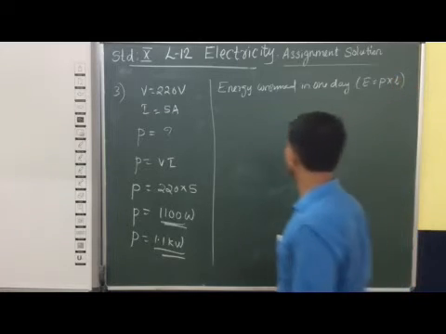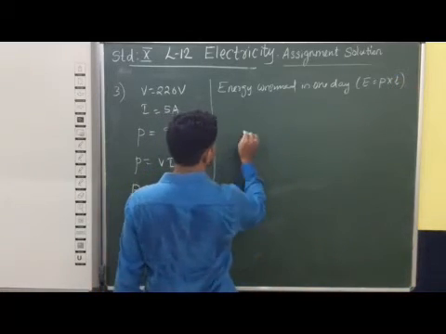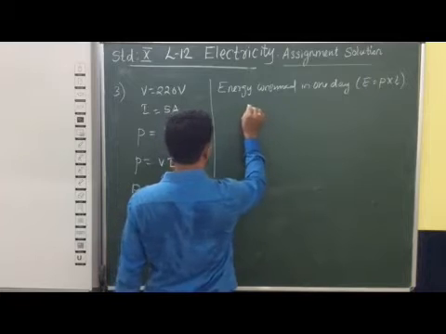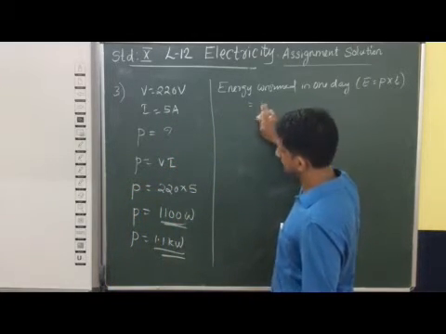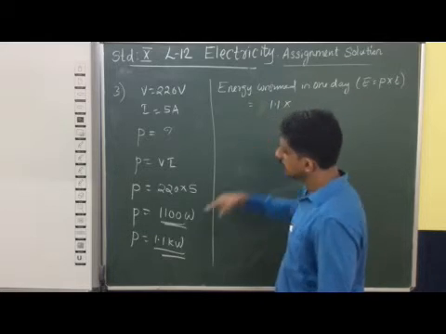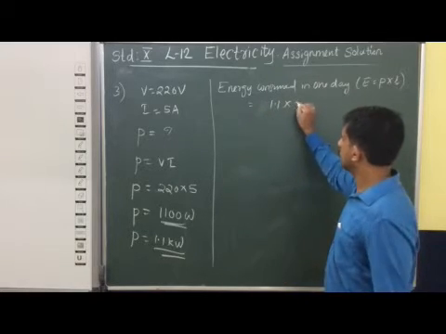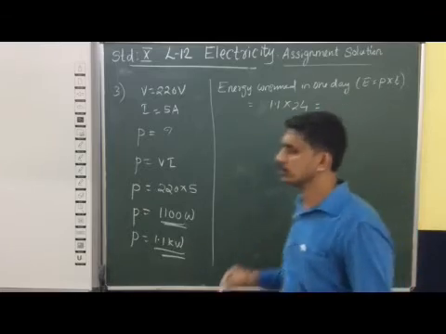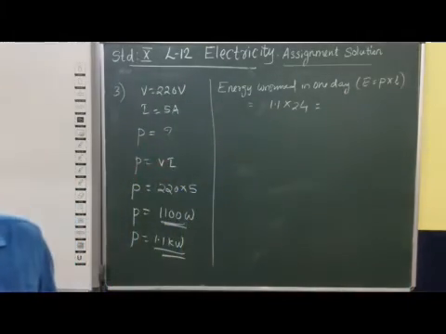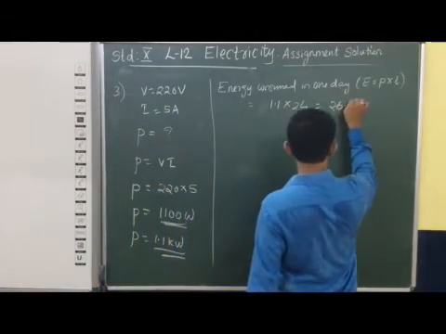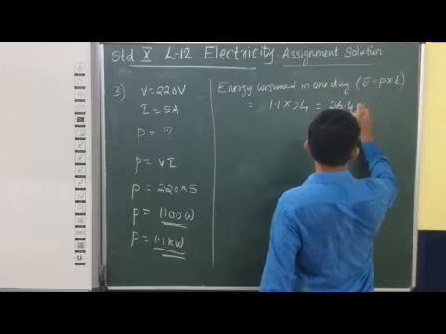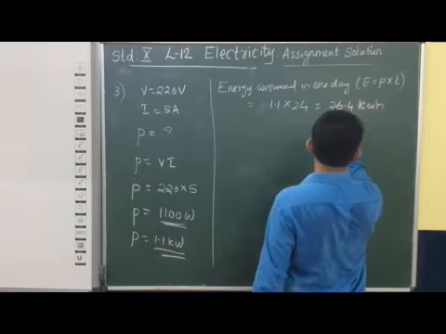In this case the energy consumed in 1 day is power into time. So power is 1.1 into time, which we take as 24 hours. So you will get the answer as 26.4. You can observe that this is in terms of kilowatt hour.